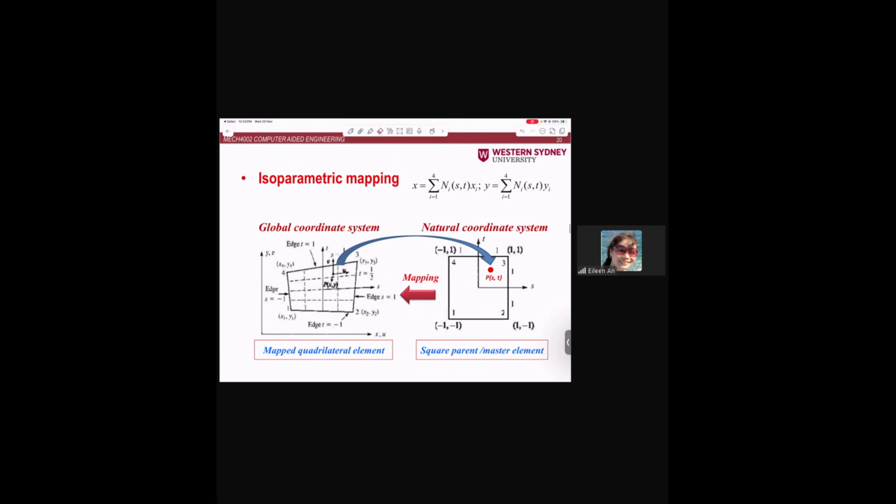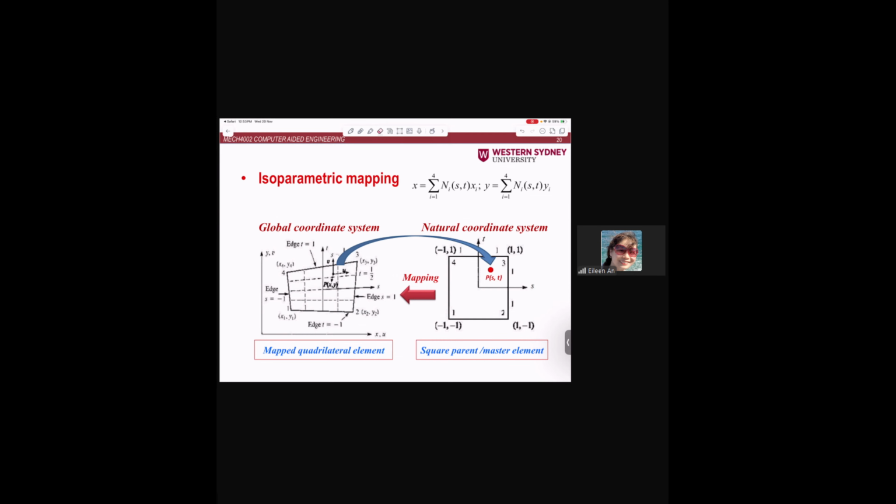Then, if we have to use those elements, what are the shape functions? And for those kind of elements, do they have its local coordinate system? And how does it look in its local coordinate system? Okay, let's have a look. Assume we have a general quadrilateral element, like this shape, the left one.